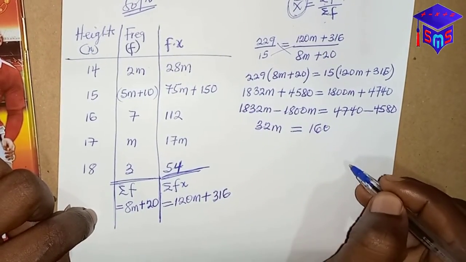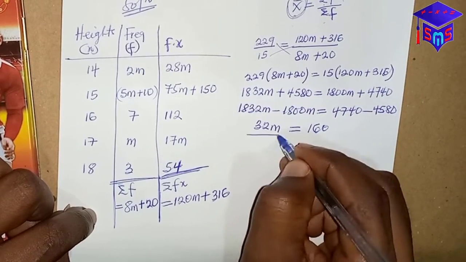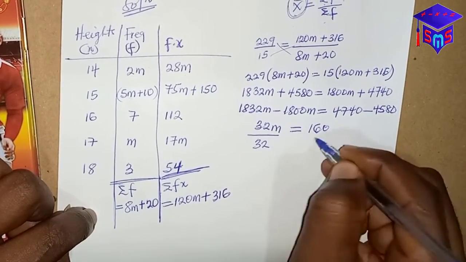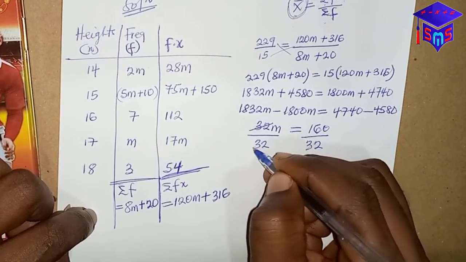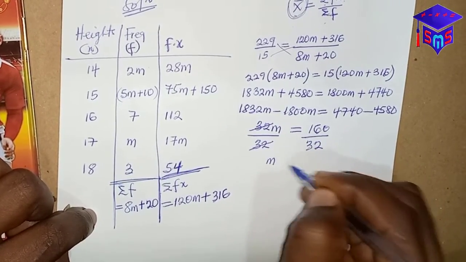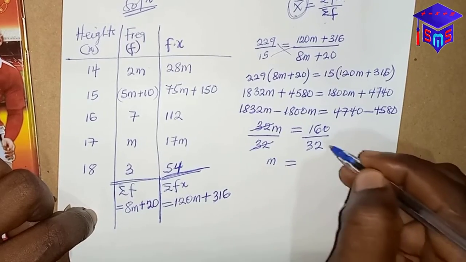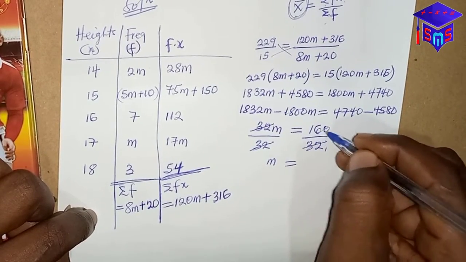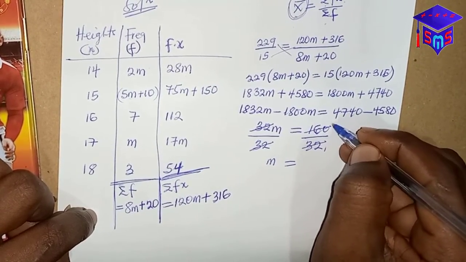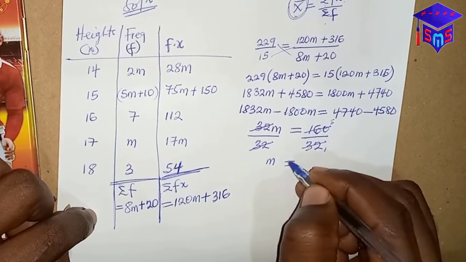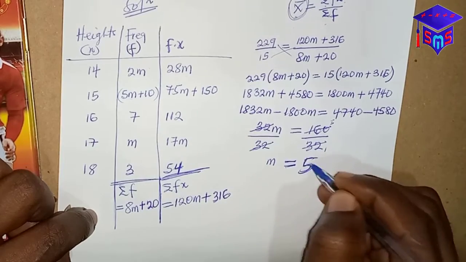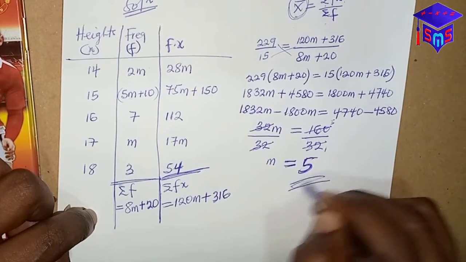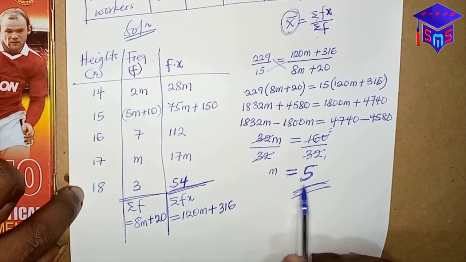Now you divide both sides by 32, and this one cancels this, so you have m is equal to 32 goes here 1 and 32 goes here 5, so therefore m is equal to 5. Okay, m is equal to 5.